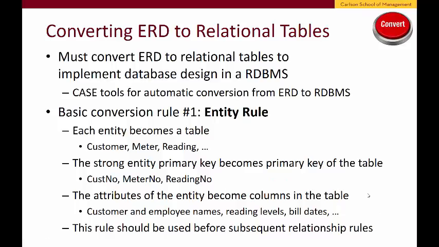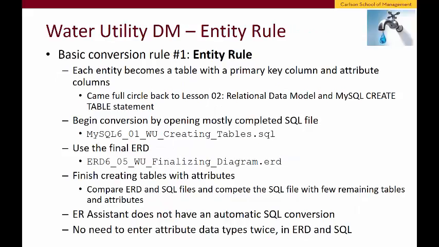Then let's quickly recap that we went through basic conversion rule number 1, the entity rule: each entity becomes a table, the strong entity primary key becomes the primary key of the table, and the attributes of the entity become columns. This rule should be used before the relationship rule is looked into, and here we've shown how to implement it in this SQL script.